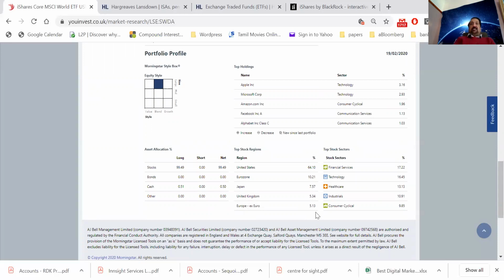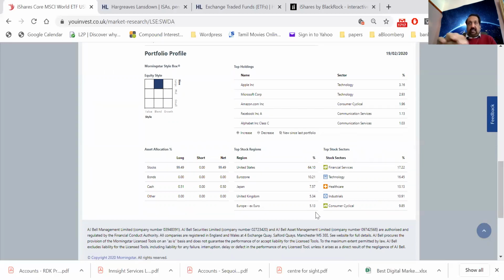This is how the money is distributed. So your money is distributed exactly like that. If you invest 100 pounds, 64 pounds will be invested in the United States, 10% in Europe, 7% in Japan, 5% in UK, and other regions 5%.